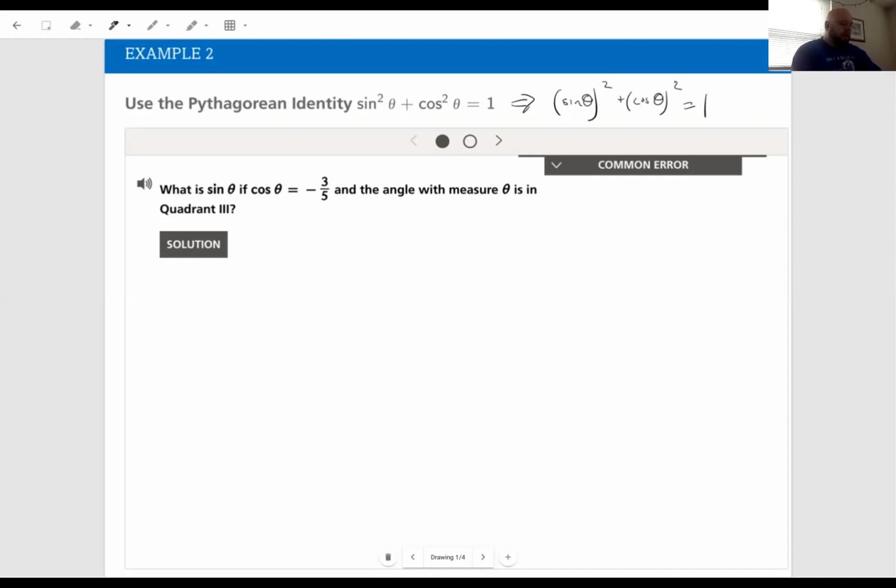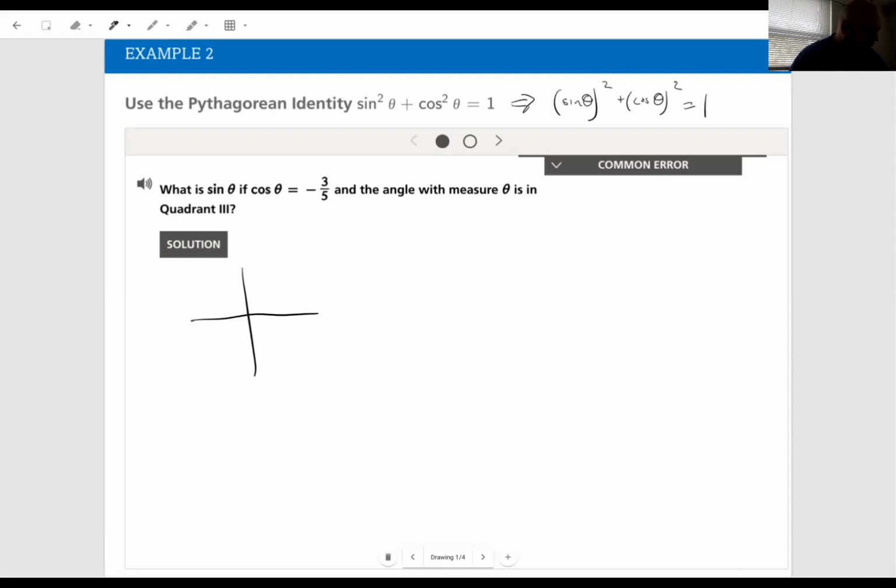So our question says, what is the sine of theta if the cosine of theta is -3/5 and the angle with measure theta is in quadrant 3. So I think probably what we should do first is draw a set of axes.